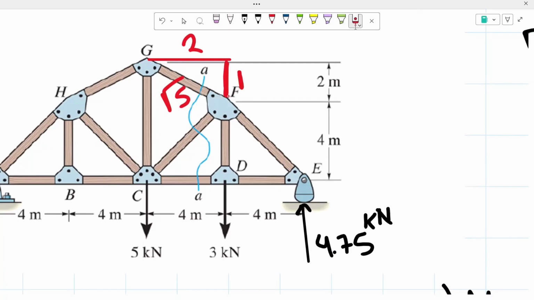Since I assume that it's going to be in tension, it is slanted to the left. So that means our horizontal component will be to the left. To determine that horizontal component, we know that the force of the bar GF has to be multiplied by 2, since this is the horizontal component of the triangle, over the square root of 5, since that is the force.